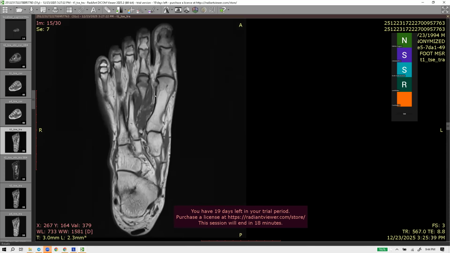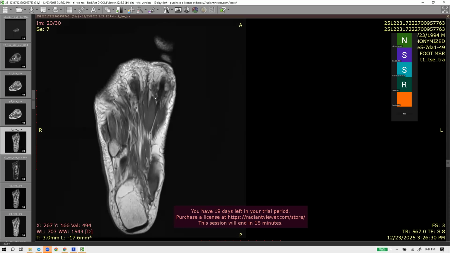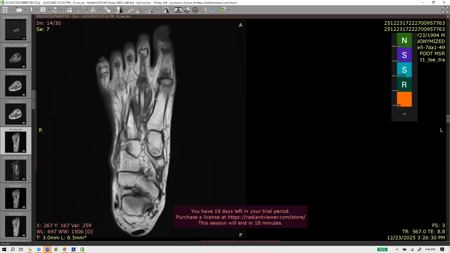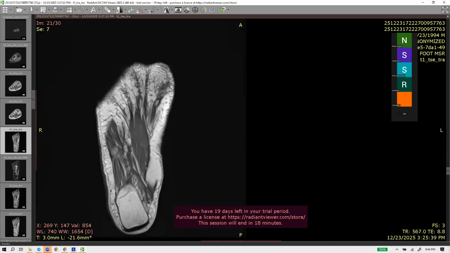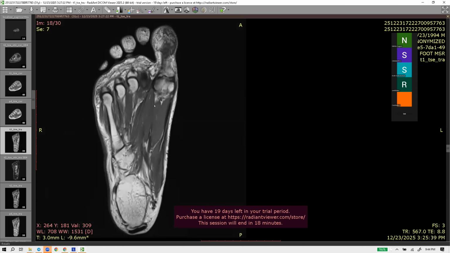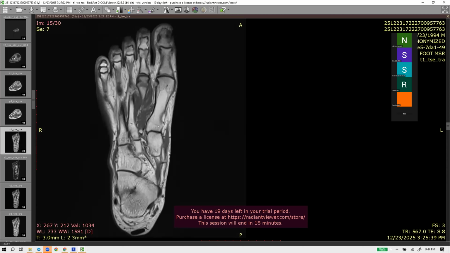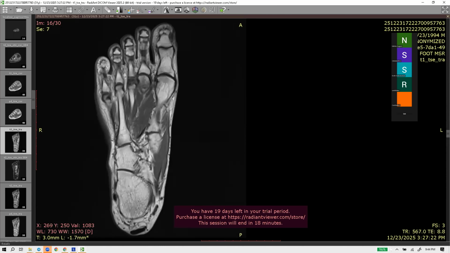So I can see that there is an altered signal present along the head of the second metatarsal. I will confirm this finding on other views. Otherwise, the marrow signal of most of the bones appears preserved.